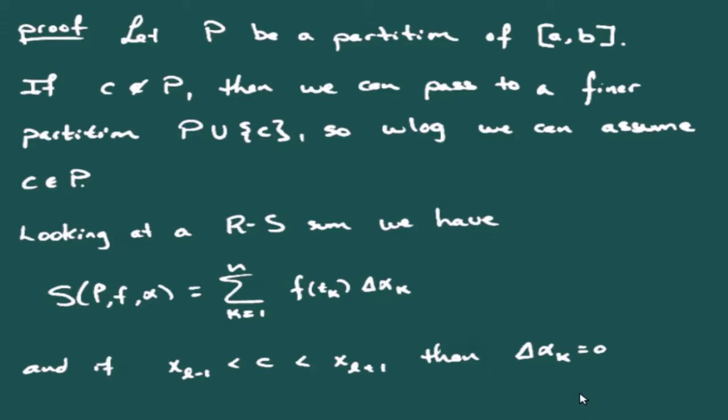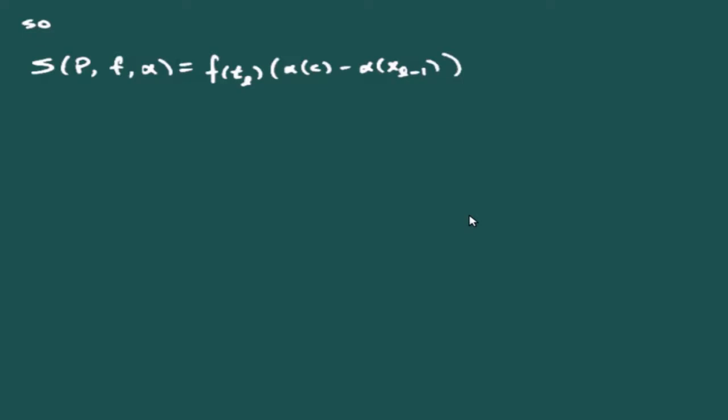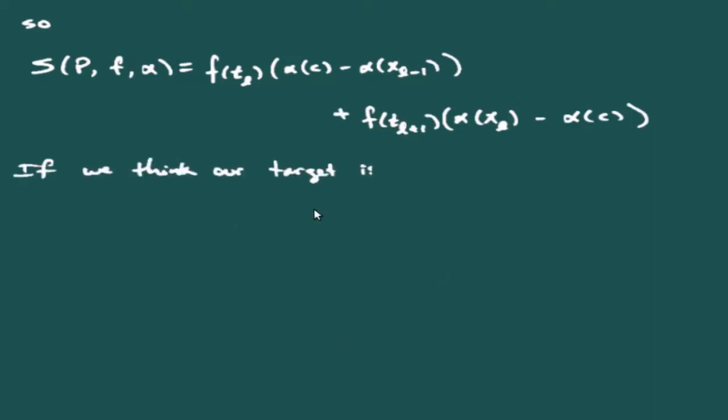And so our entire sum just reduces to f of t sub L times (alpha of c minus alpha of x sub L minus 1) plus f of t sub L plus 1 times (alpha of x sub L plus 1 minus alpha of c).